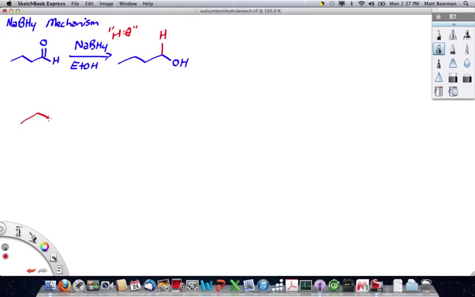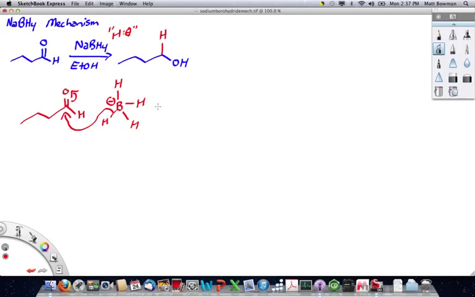Mainly, the first event is the borohydride adds a hydride to the carbonyl.